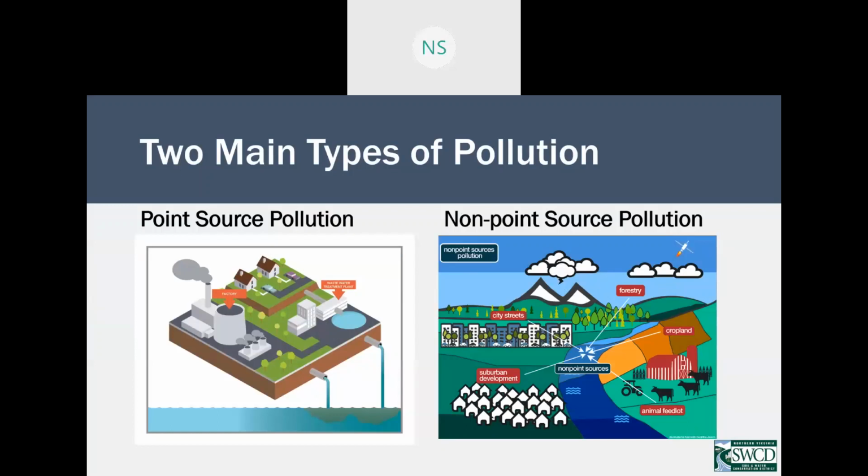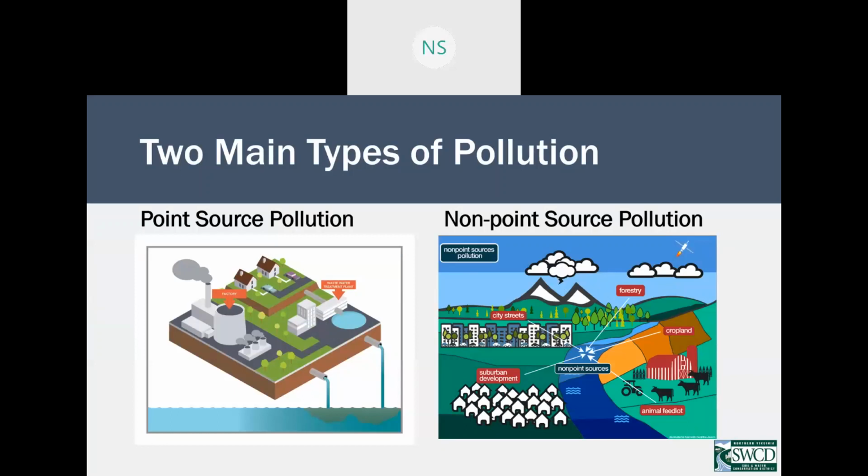And I like these names because they're pretty good at figuring out what's what. When you talk about point source pollution, you're looking at any kind of pollution that you can point to the source of. So here in this image, we have a factory, and I don't know what that factory is producing, but it's something gross and green, and it's coming out those pipes. So that is a point source pollutant.